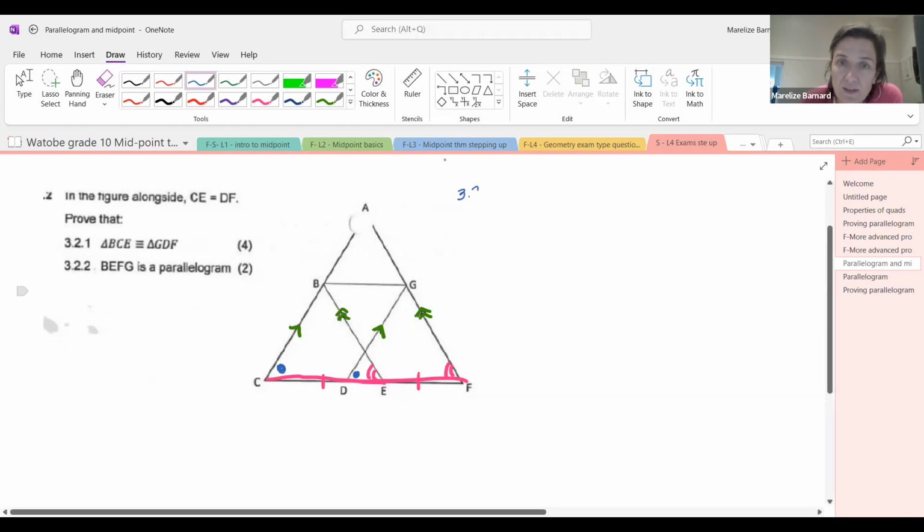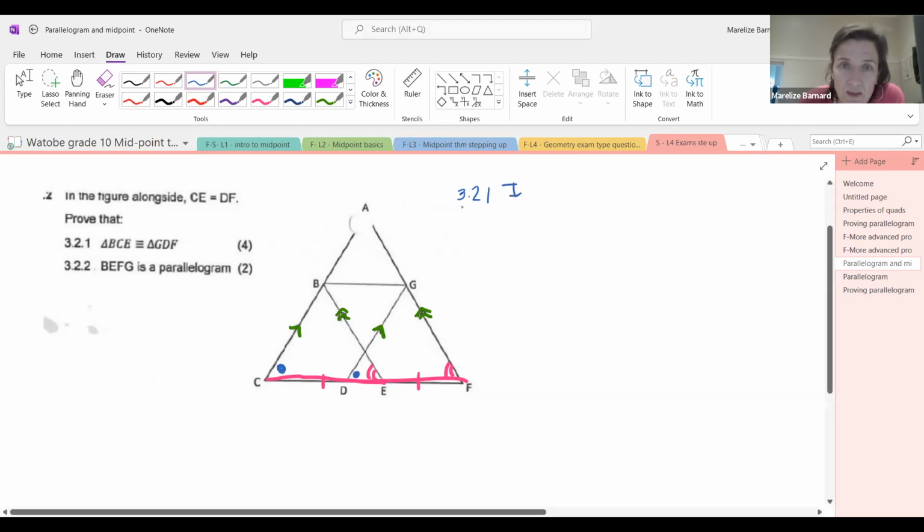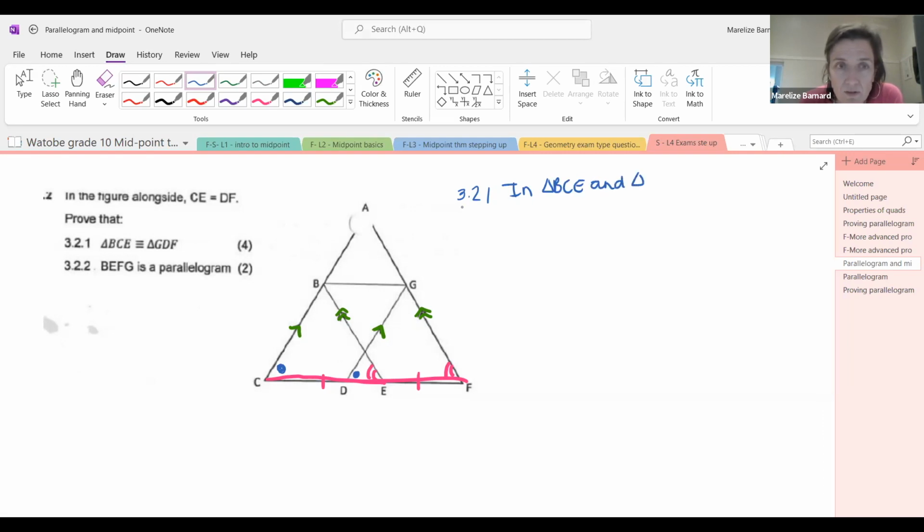Okay, so be careful again not to assume things. Don't get your arrows mixed up with your equal sides. Okay, so in triangle BCE and triangle GDF, we've got CE equal to DF, and that's given.